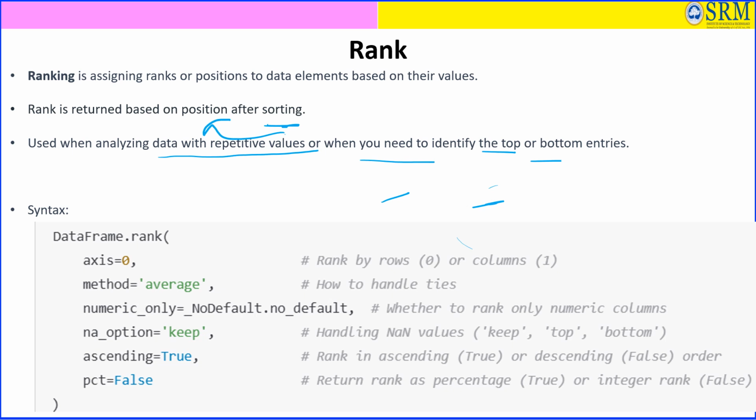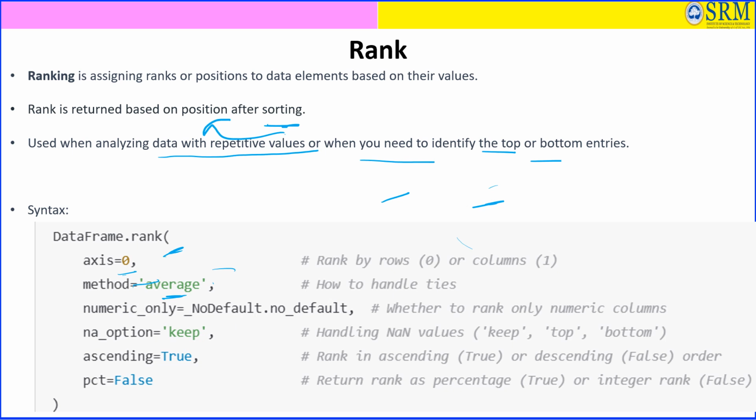So the syntax is, rank is a function, and inside you have to mention whether you are going to apply axis zero, axis one, or columns, and what method. The default method is average, otherwise you have to mention what type of method it is. You give the rank based on the position, so that has to be average.